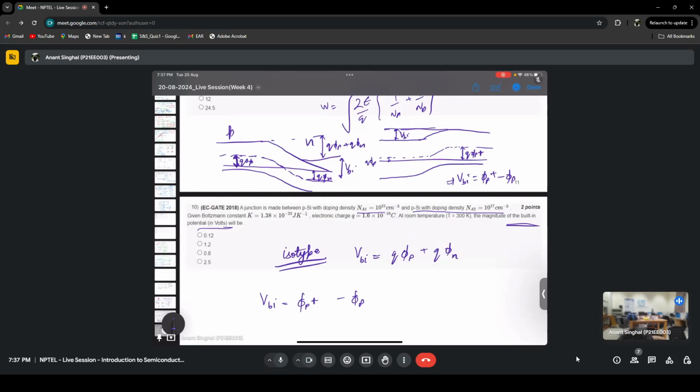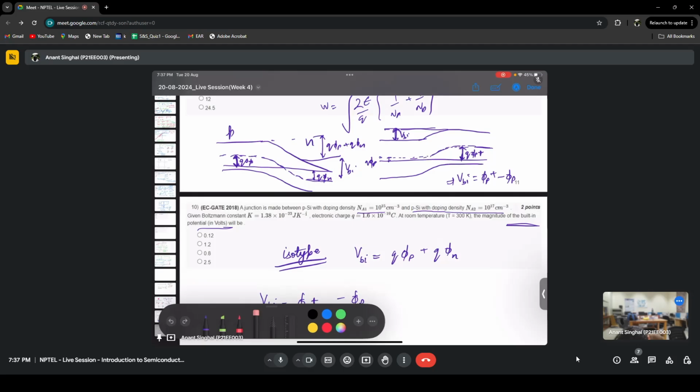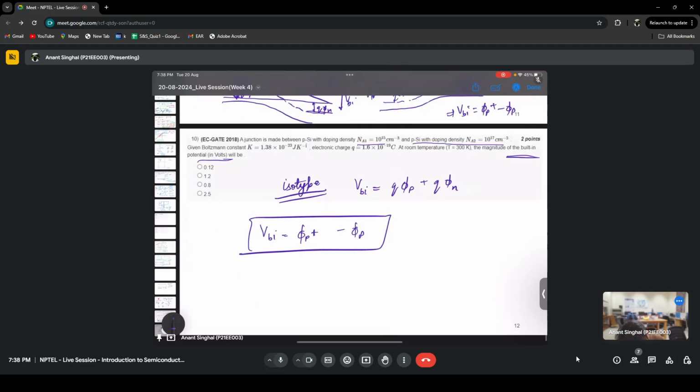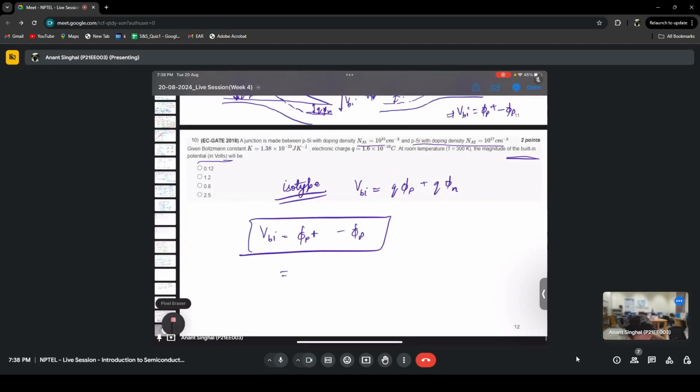This VBI will now be, since Ei is on the same side, we will have a q phi P plus and we will have a q phi P. So the difference of these two will now give us the VBI instead of the addition, because we are not going below the Fermi level. So there is no addition of the phi p. There is in fact a difference. So that is what I'm saying, that for VBI for a P-plus junction, we will have a negative sign. Any doubt?